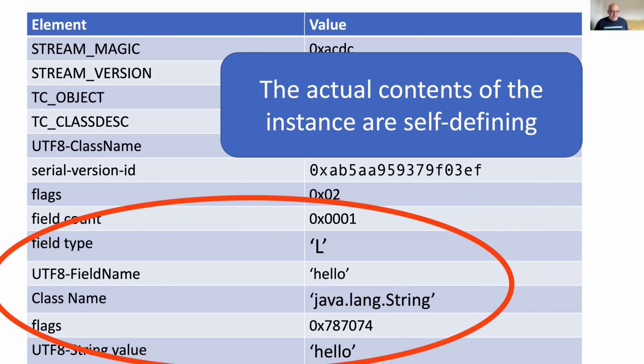So this is the bit you have to get your head around, and I'm going to go over this multiple times so that you can understand. It says here that you've got a field type L, you have a field name hello, you have a class name, you have flags. But this is not the definition of what's in the class, other than the field name.